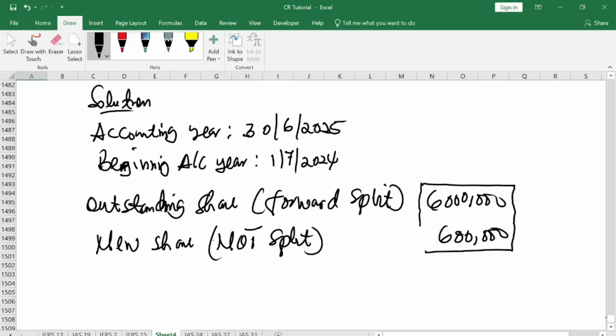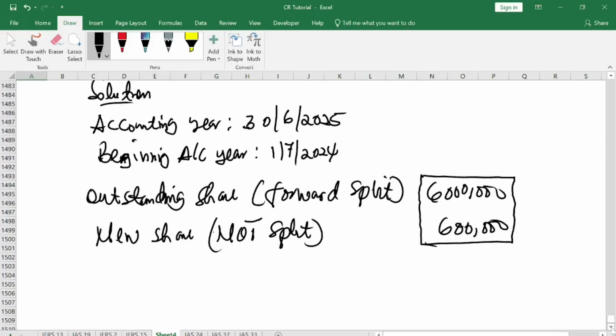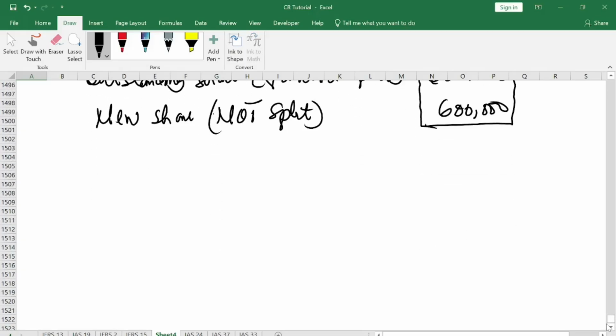Before you can work this out, we have two methods, but let me settle on this simple one for you. The first thing you have to do is reverse or consolidate the shares.